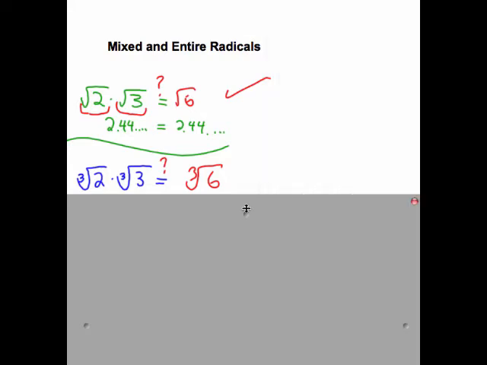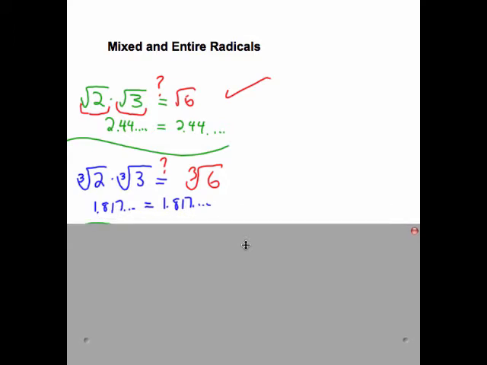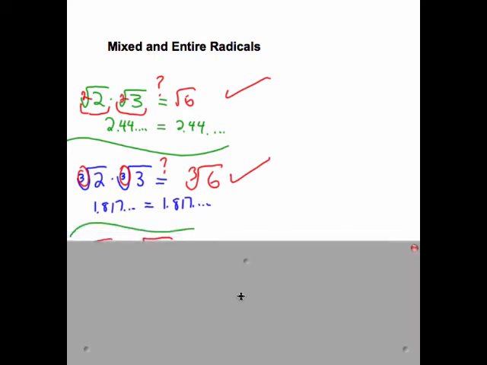Yes, it does. So it seems as though our theory that we multiply the radicands is true. Now in both of these examples, you'll notice that our indexes were the same: an index of 3 here, and an index of 2 up here, because they were square roots. Let's see what happens when the indexes are not the same.